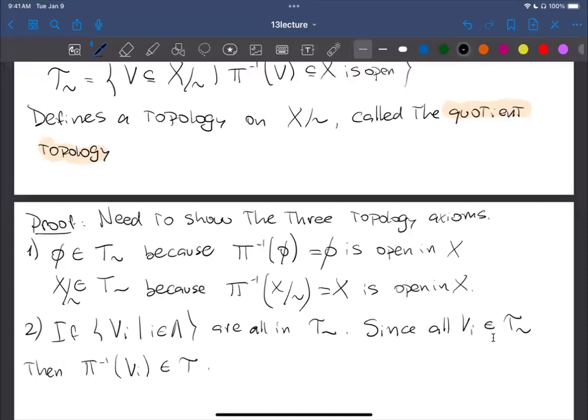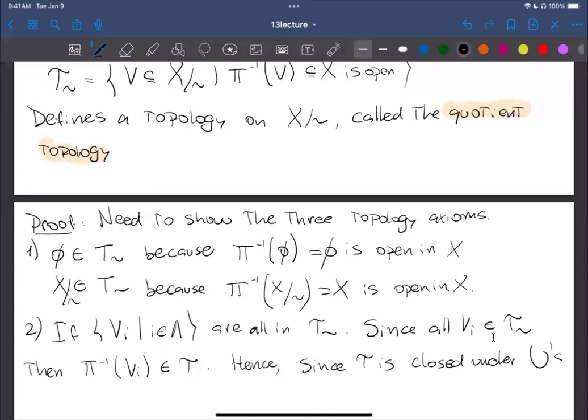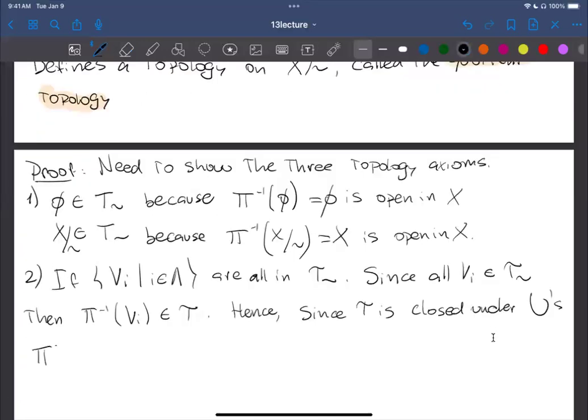And now we use that T is a topology on X. It's closed under arbitrary unions. So T is closed under unions. When we compute the preimage of my union here, well, we know that's just the union of preimages.